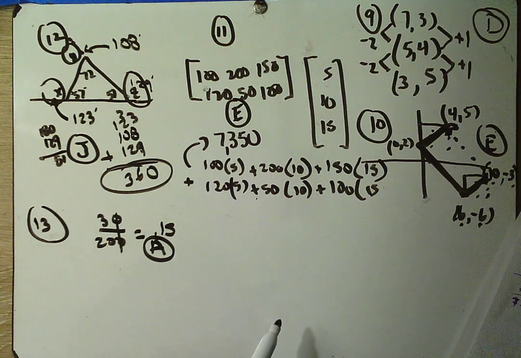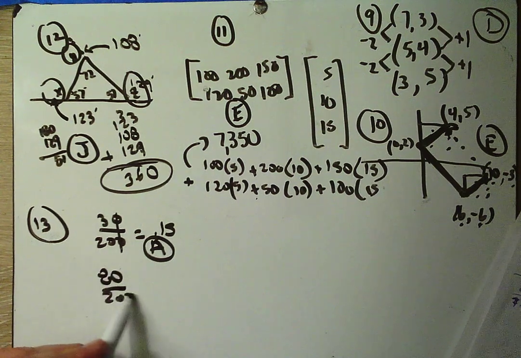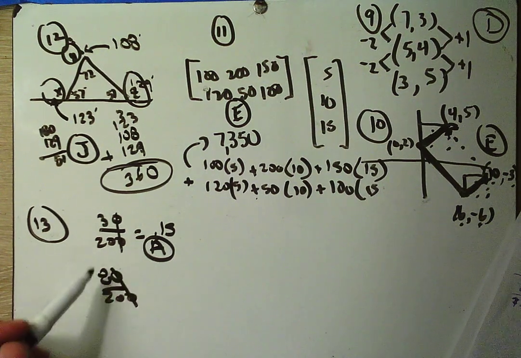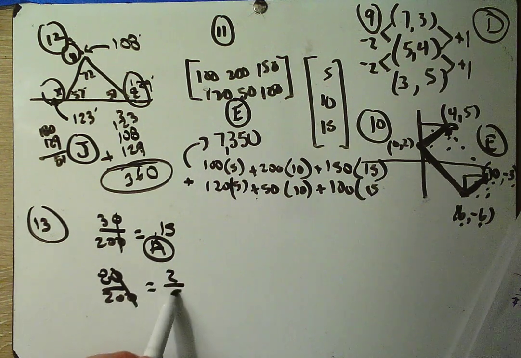14. If the poll is indicative of how 10,000 registered voters will actually vote in the election, which of the following is the best estimate for the number of votes Lou will receive in the election? Okay, so 80 out of 200 was Lou's percent, and that's 8 over 20. Oh gosh, I can reduce that further to 2 over 5.